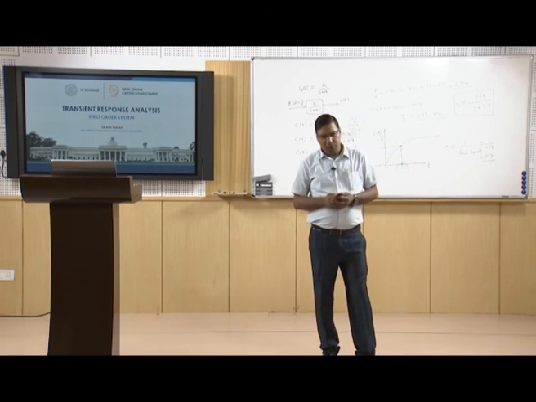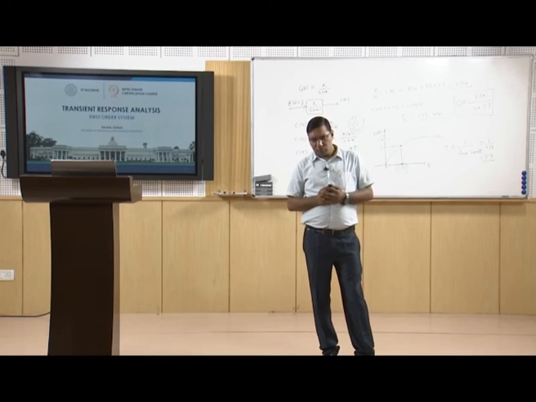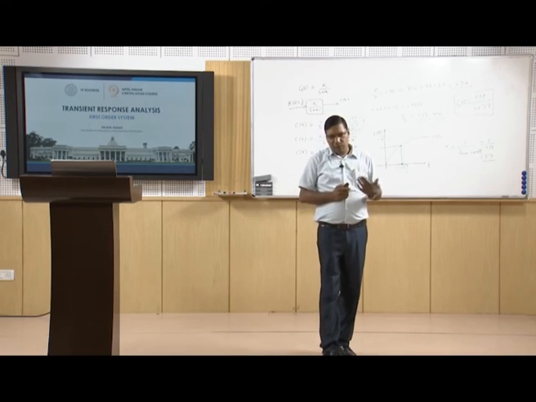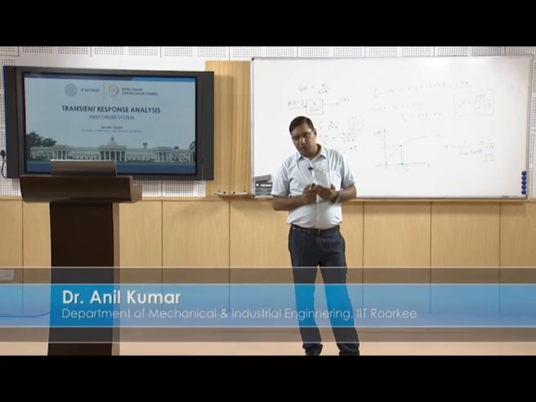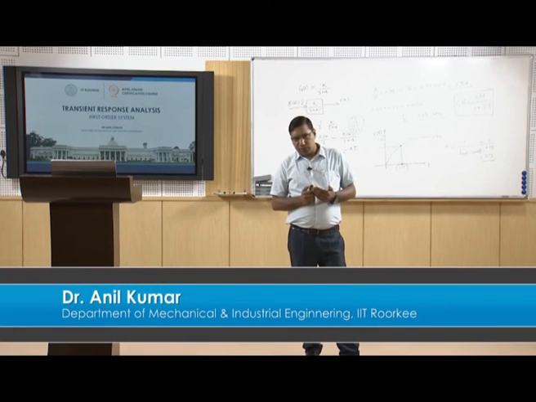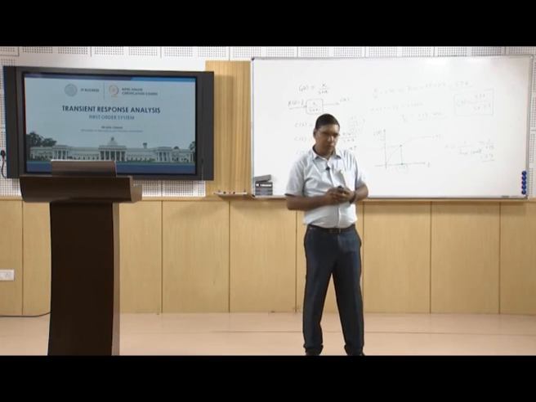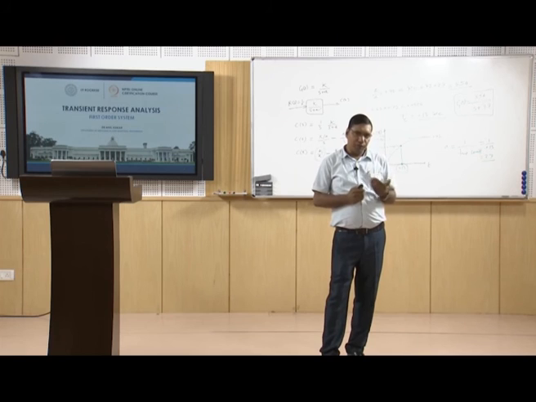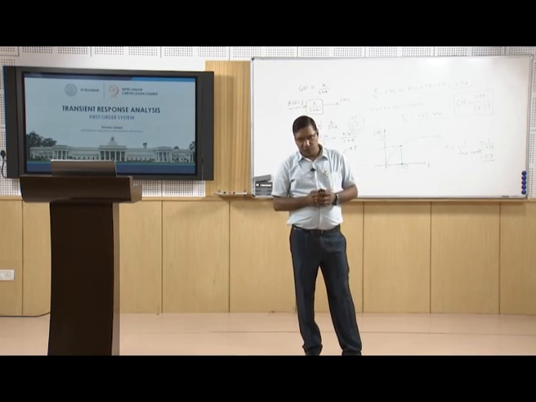So we saw that the first order systems have the transfer function in which, in the denominator, the highest power of s is 1. So that's how we can identify the first order system from the transfer function.